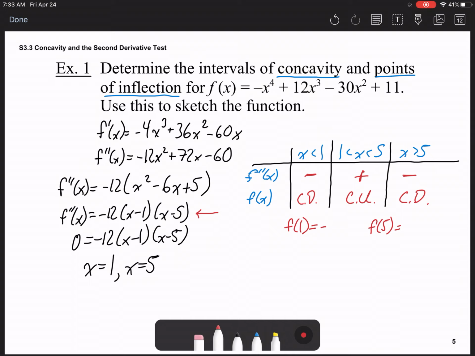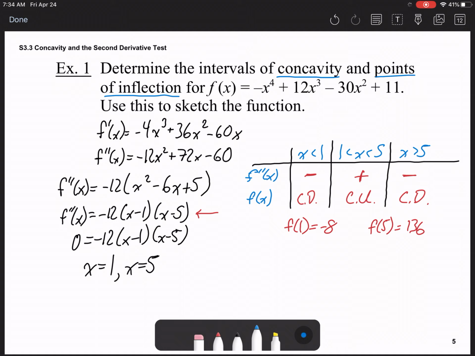So this is at -8, and this one's at 136. Okay, so here we have some points of inflection.